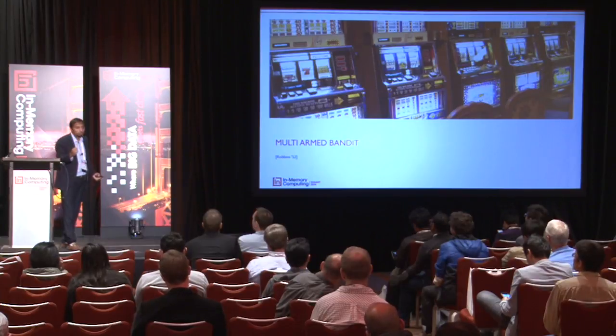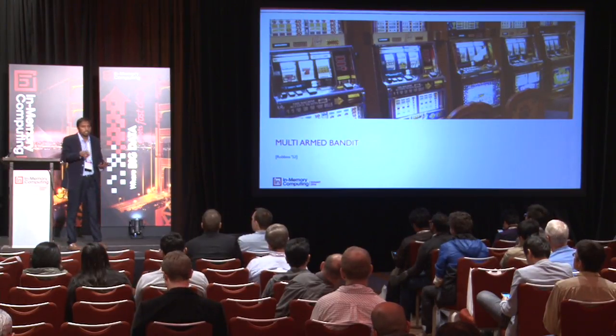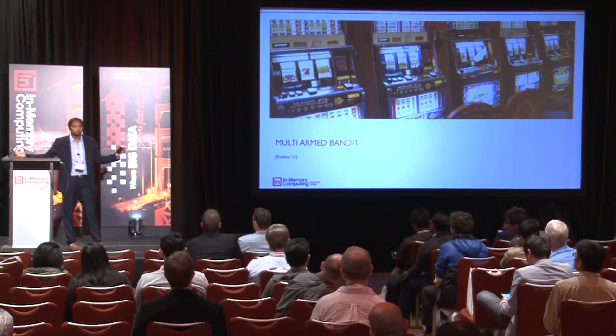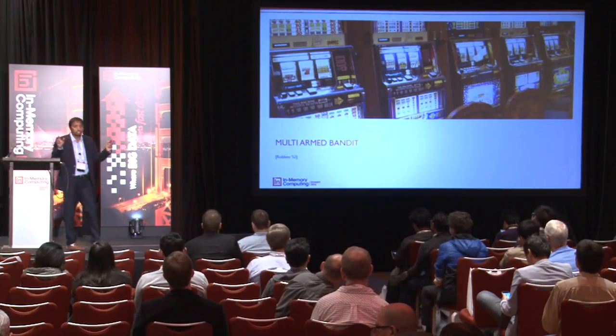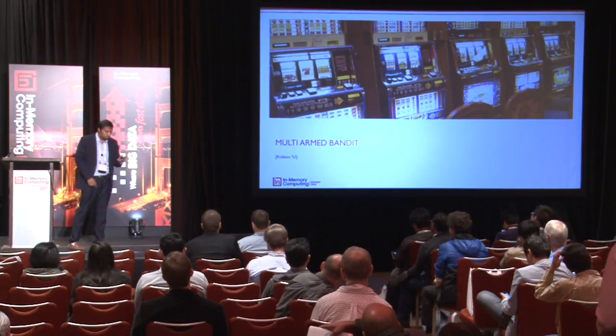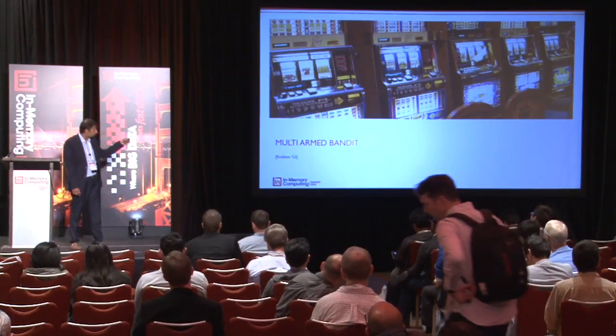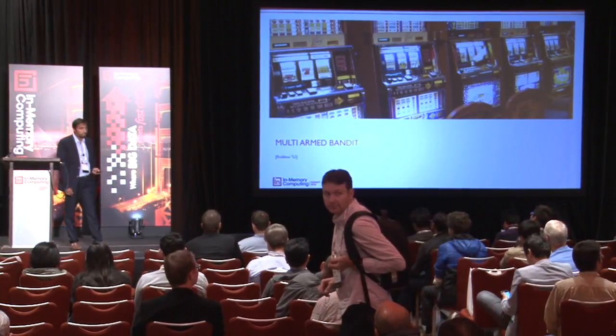Let's say at the first pull he got some reward or some money. He can either stick with it or he can go to some other options and see which one works best. So there is this exploration exploitation dilemma that is formalized here with the multi-armed bandit problem setting.